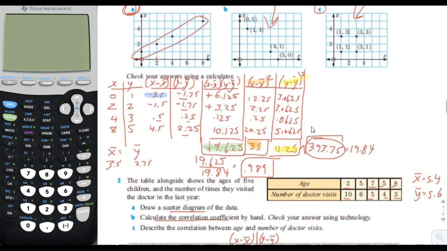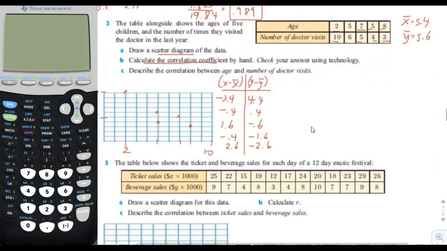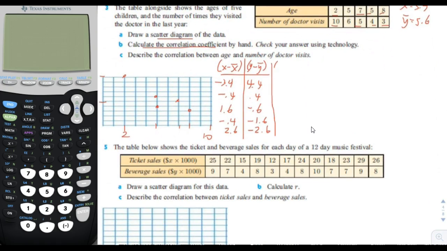What's the next thing we calculated? The next thing we calculated was the x minus x bar times the y minus y bar factor. So we're just multiplying these two together. And of course, I'm going to have to use the calculator. So for the first one, I get negative 14.96.